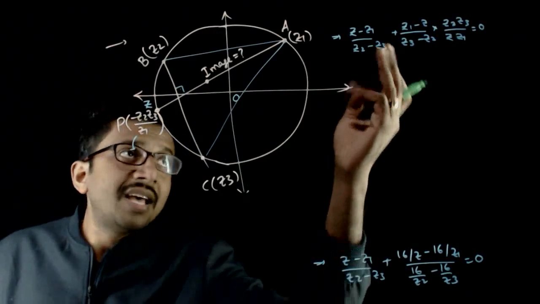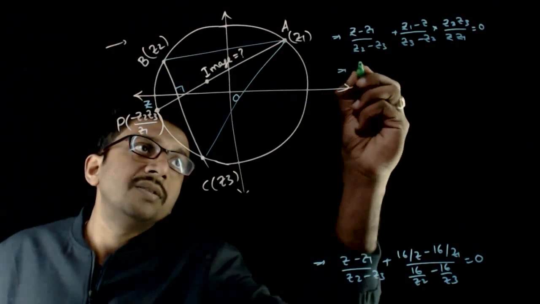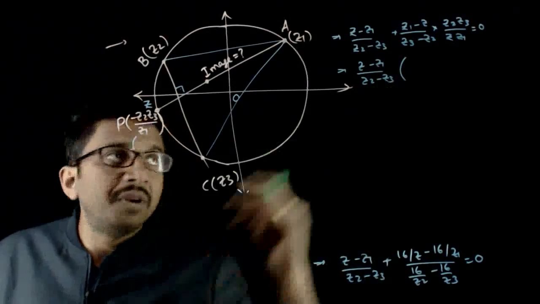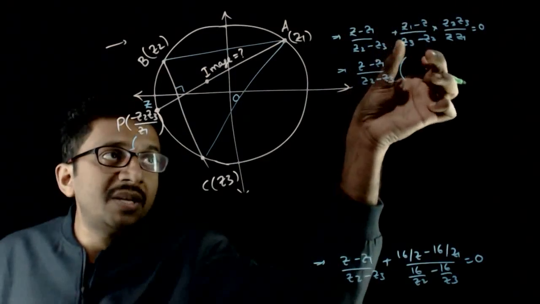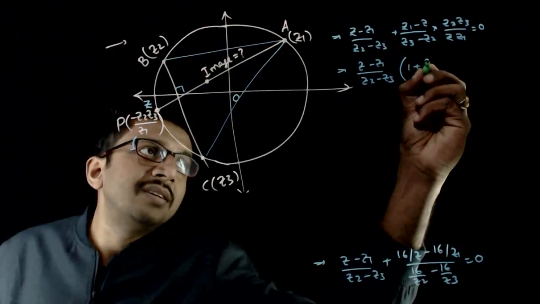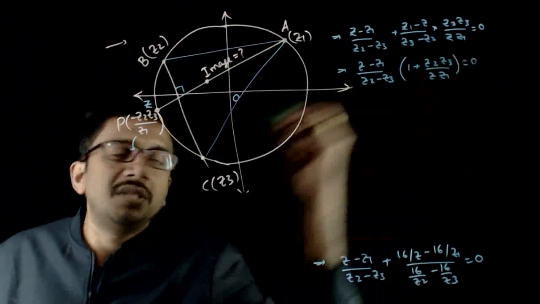So now what I do is, I can take (z minus z1) by (z2 minus z3) as common. If I reverse the second term, the minus sign gets cancelled. So you have 1 plus z2 z3 by z1 is equal to 0.